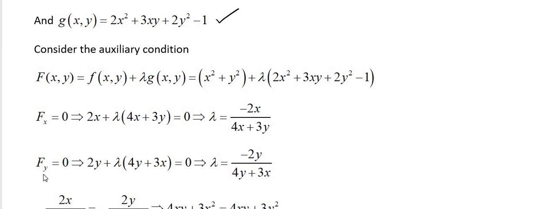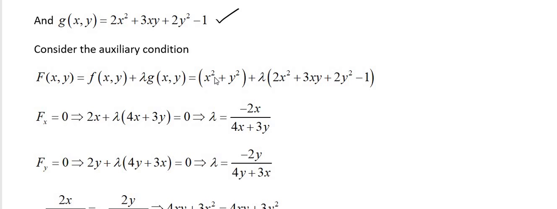Next I am going to consider F_y = 0. That means the partial differentiation of F with respect to y equal to 0. While doing this with respect to y, x is constant.